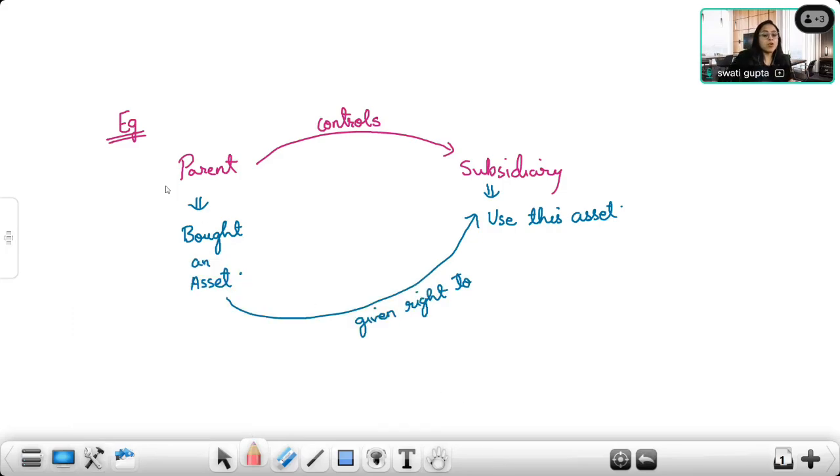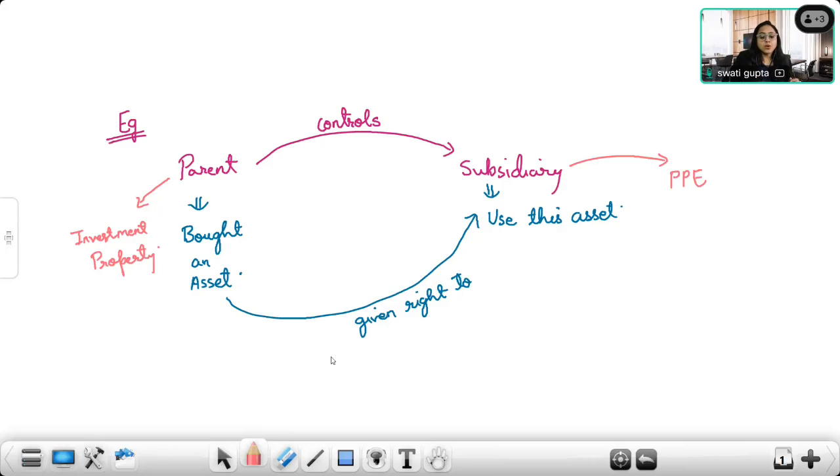For the purpose of the parent, it will be classified as investment property, because they are not using it in business. And in the subsidiary's books of account, since they are using it for business purpose, they will classify it as property, plant and equipment.